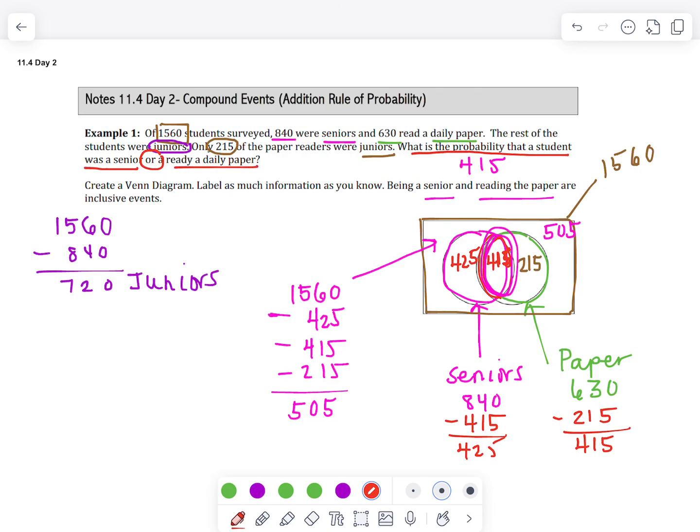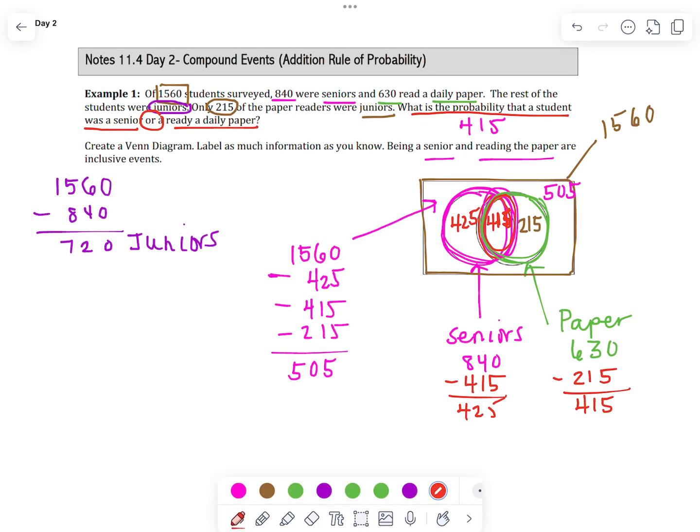So we have to add the total of the pink circle plus the green circle minus the overlap. So the probability of a senior plus reads the paper minus the probability of a senior and reads the paper.